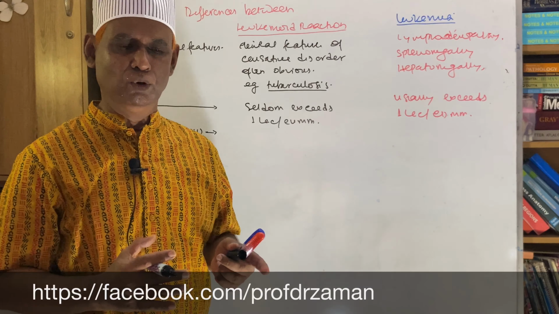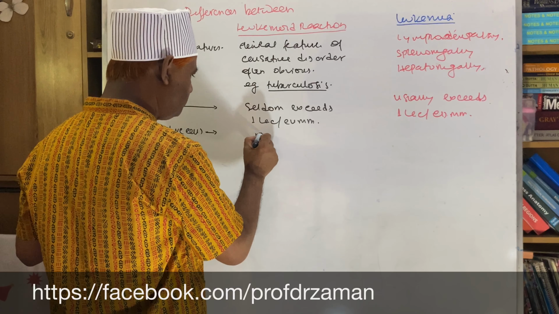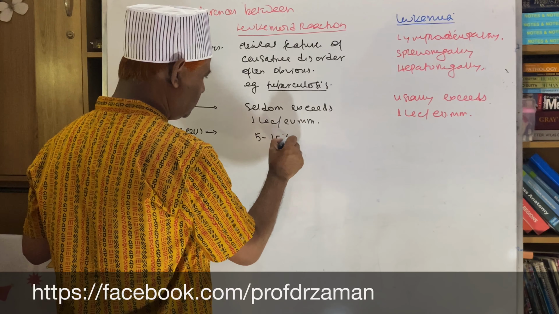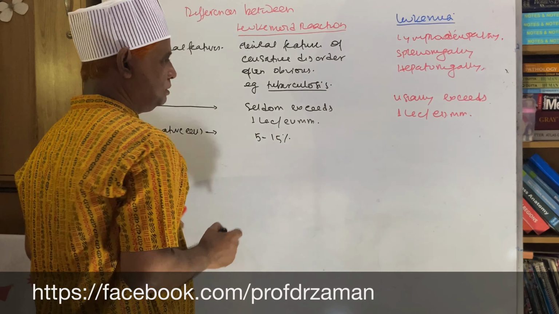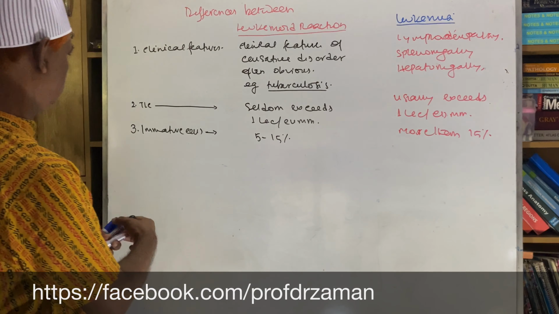In leukemoid reaction, the invasive cells are 5 to 15%. But in leukemia, it is more than 15%.